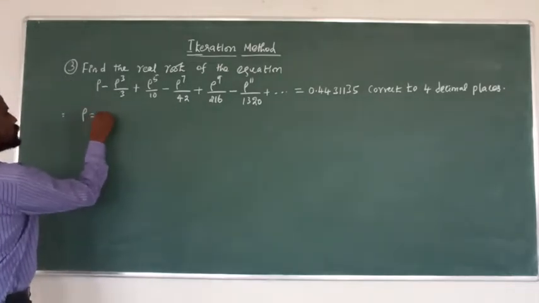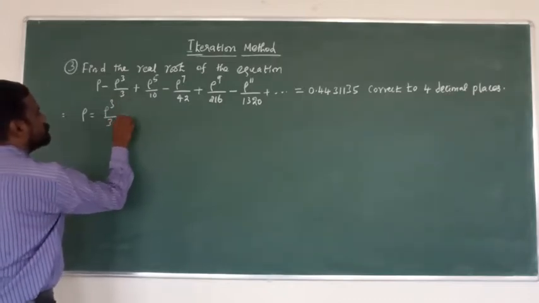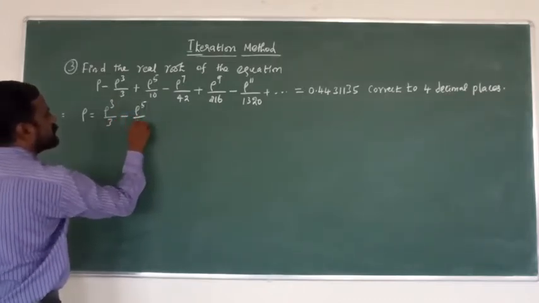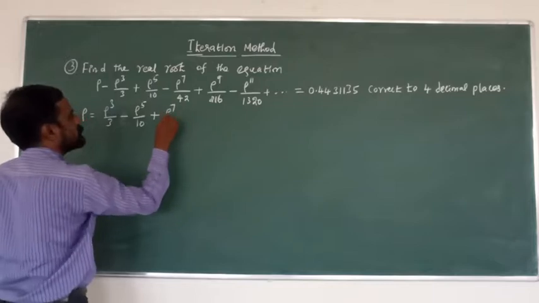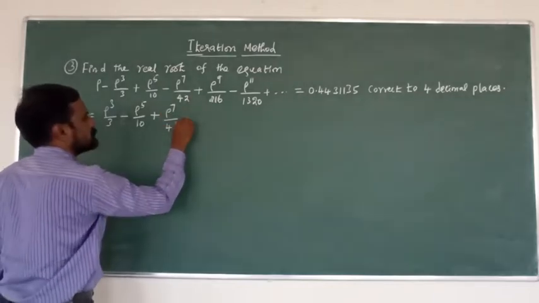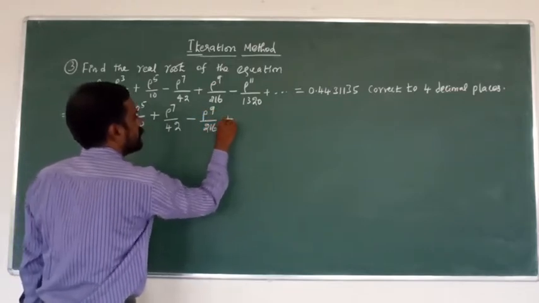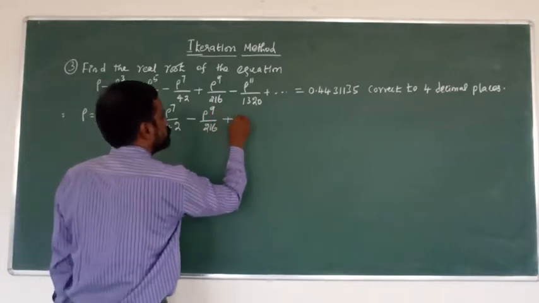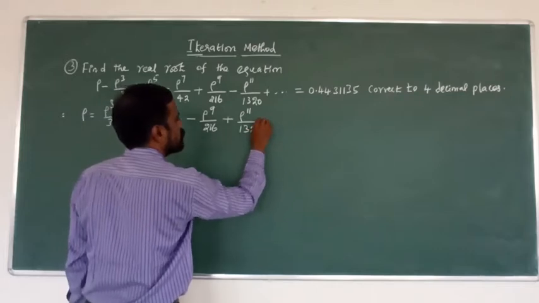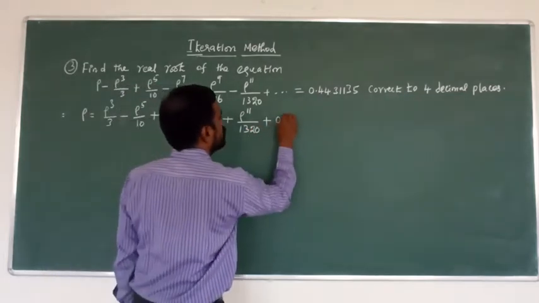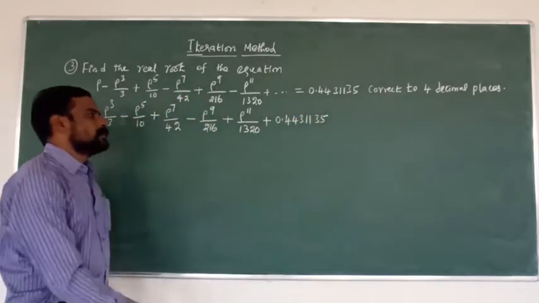Now rho equal to rho cube divided by 3 plus, minus rho power 5 divided by 10, and then minus to change into plus rho 7 divided by 42, and plus change into minus rho 9 divided by 216, and minus to change into plus rho 11 divided by 1320 plus 0.443135.